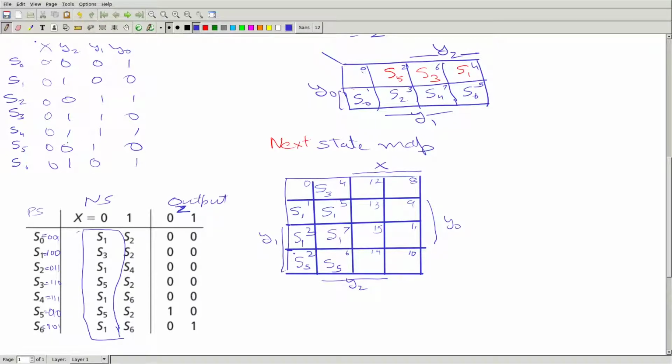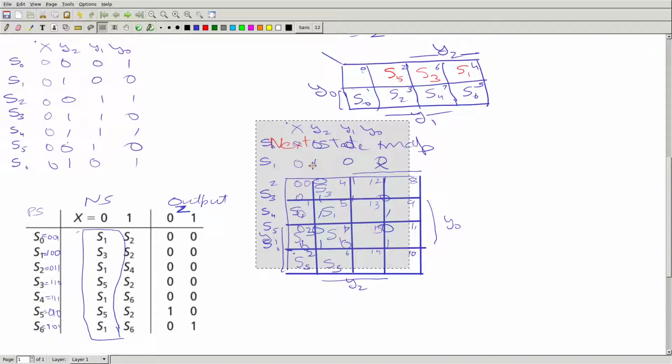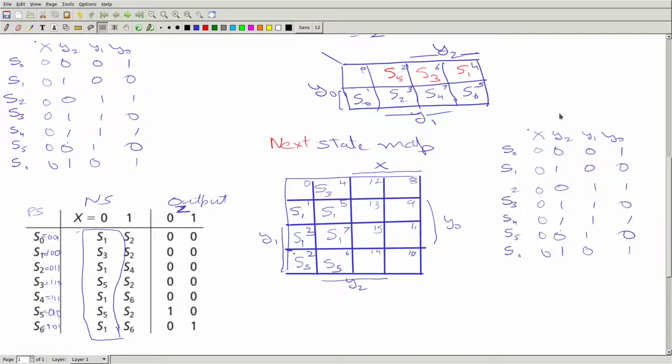when X is not 0, when X is, instead of being 0, it is just 1.